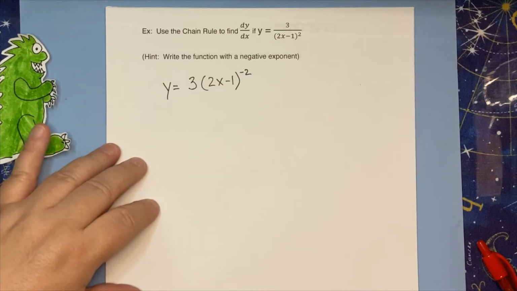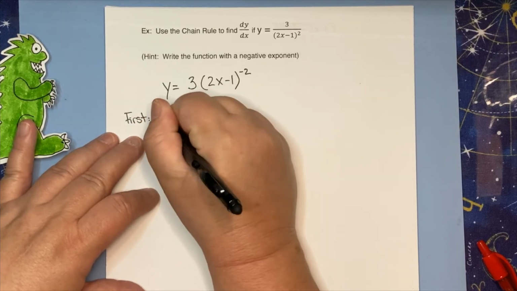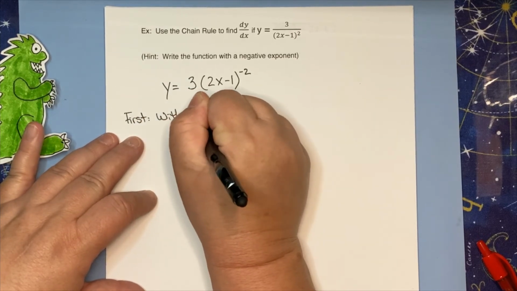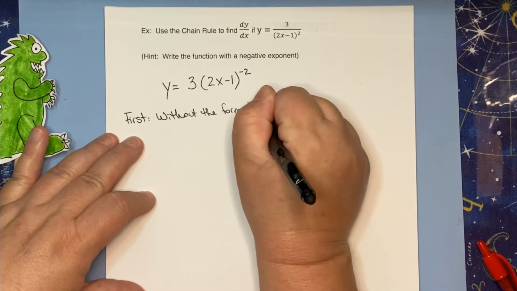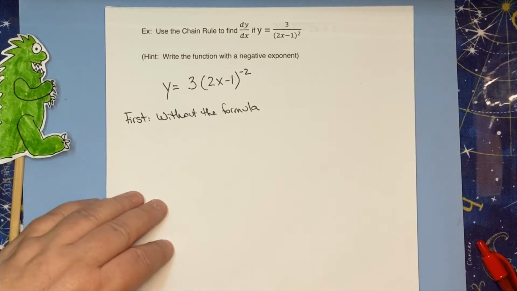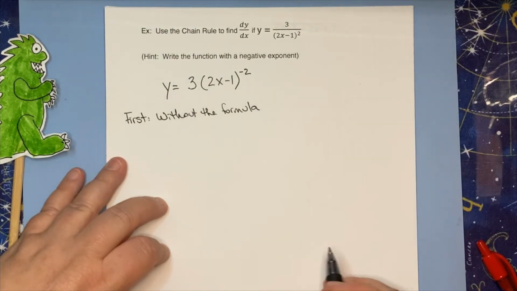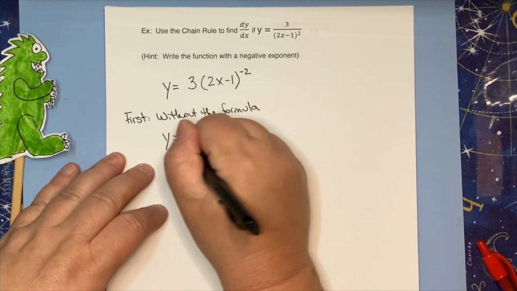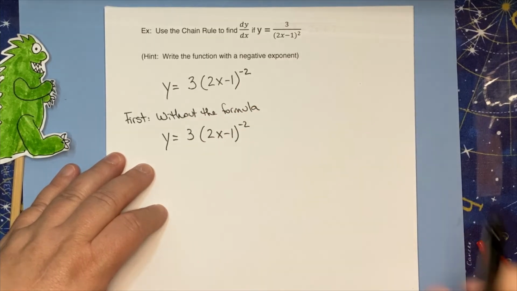Yes, let's try it without the formula first. And then we will go ahead and work it out again with the magical formula card. Okay? So without the formula, y equals 3 times the quantity 2x minus 1 to the negative 2.